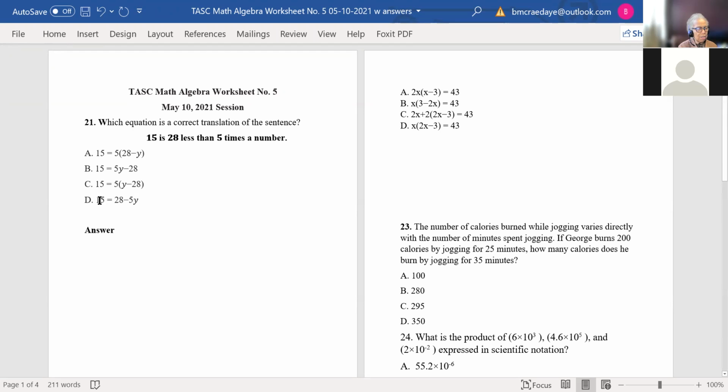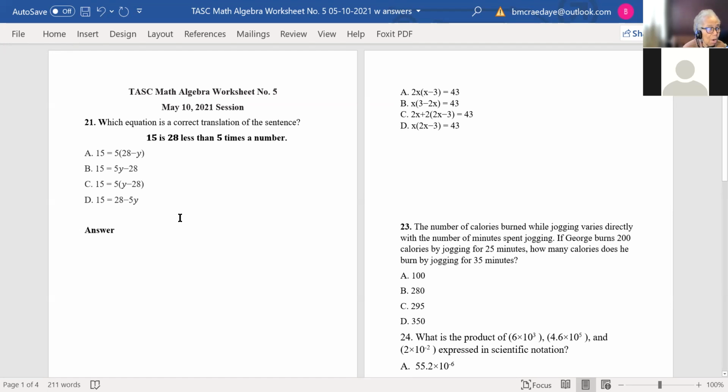No, it's not greater than or equal. You have 15 is equal to 28. What is this saying? Tell me this in words. Come on.